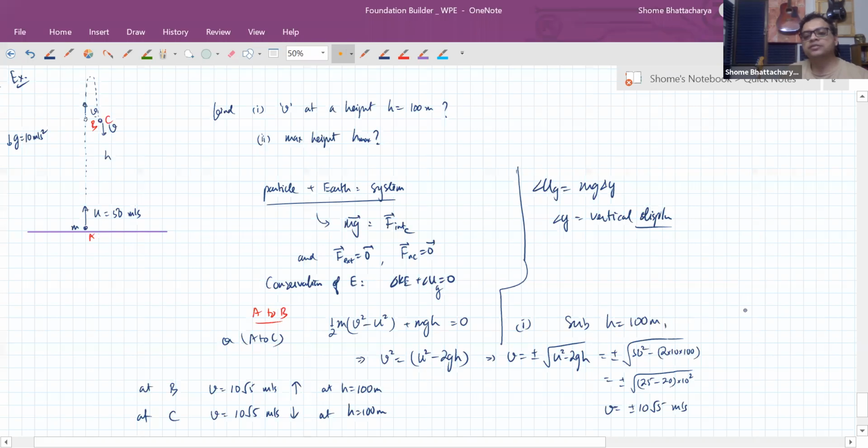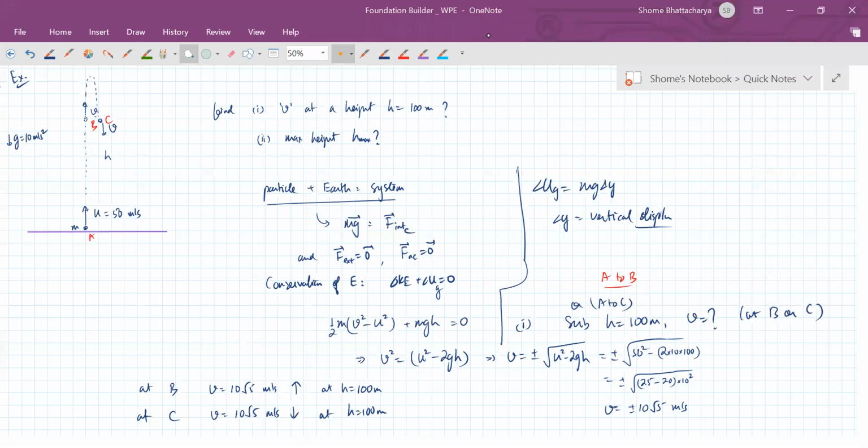So we're finding the value of v at either B or C. So write this down and work out the second part of this, that is the maximum height.